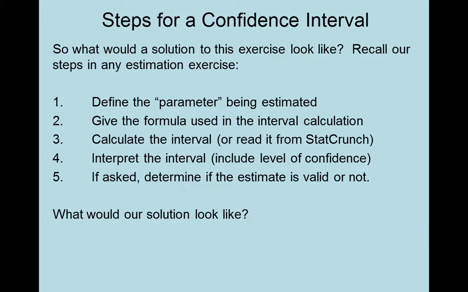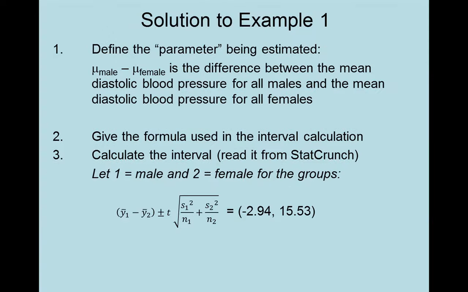So what would our solution look like in this case? Well, defining the parameter, we would say mu sub male minus mu sub female is the difference between the mean diastolic blood pressure for all males and the mean diastolic blood pressure for all females.